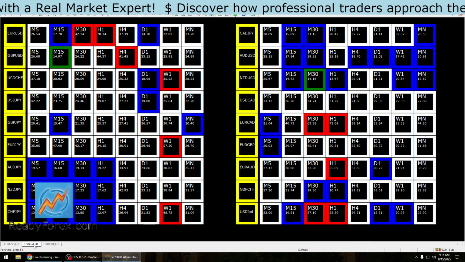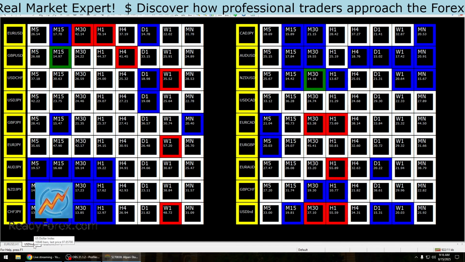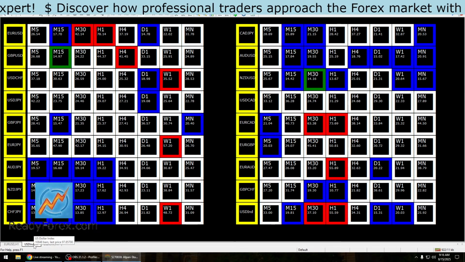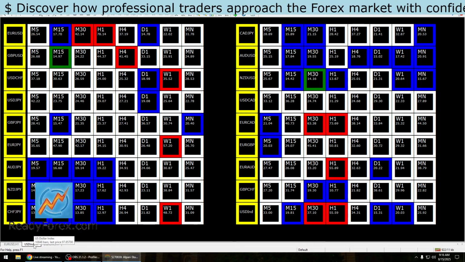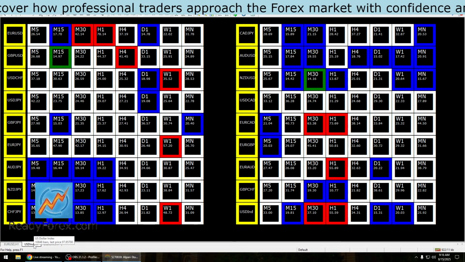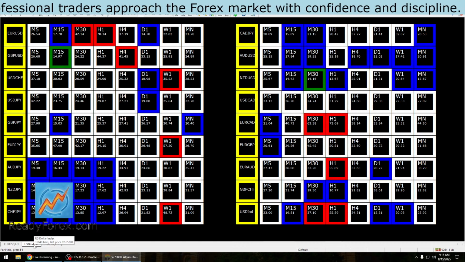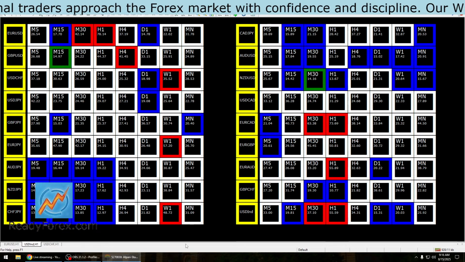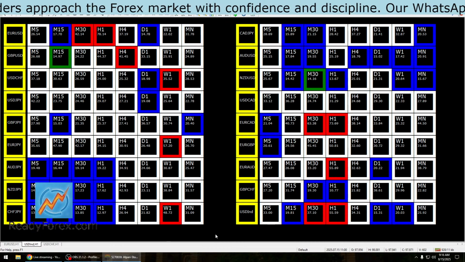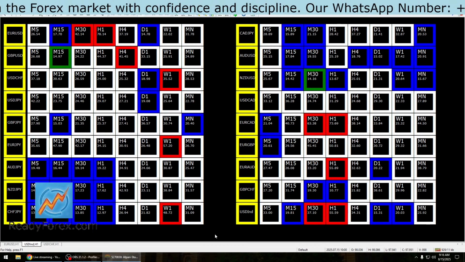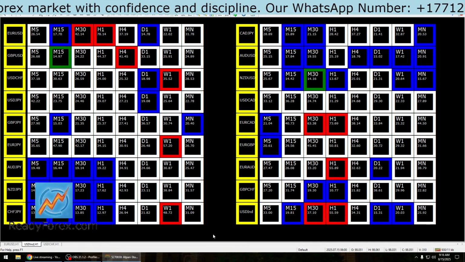Okay, let's see. Euro dollar is actually showing signs of reversal. Same goes with pound dollar and EURUSD and Euro AUD and US dollar index.